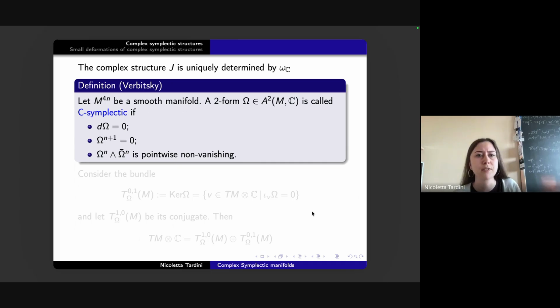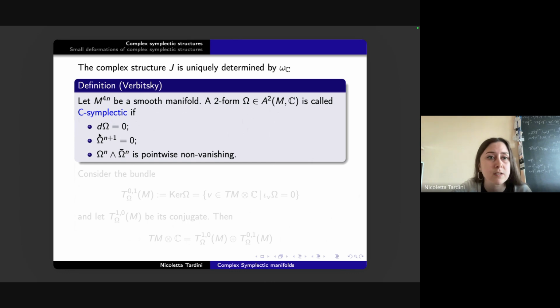So now I'm not fixing a complex structure. I have a 4n-dimensional smooth manifold, and a complex-valued two-form on the manifold is called C-symplectic. This C probably stands for complex, essentially. So this was the definition of Verbitsky.